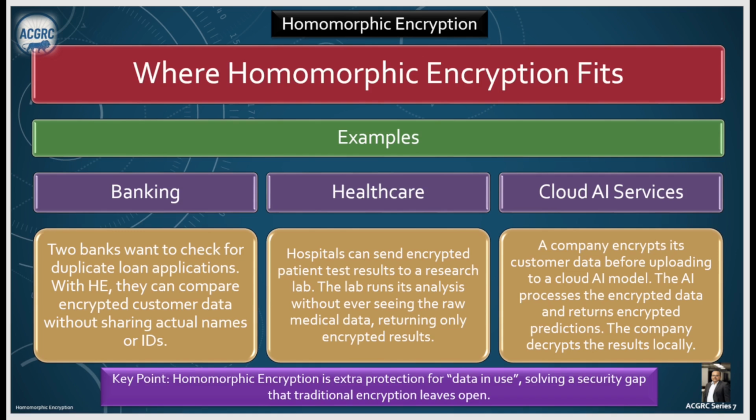Let's take industry examples. The banking. Two banks want to check for duplicate loan applications. With homomorphic encryption, they can compare the encrypted customer data without sharing the actual names or IDs.